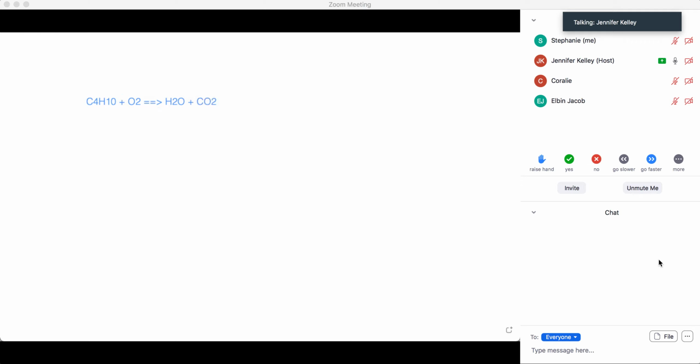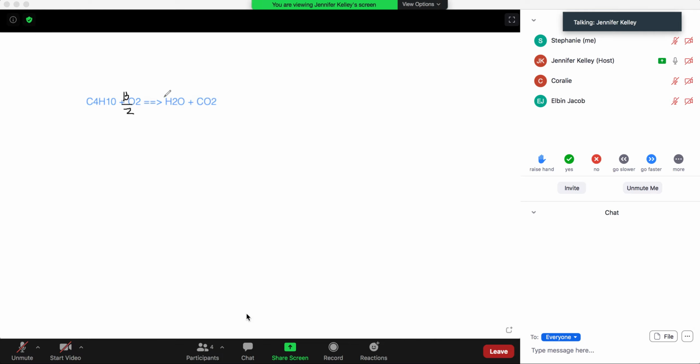Okay, and then we had 13/2 right here. What number did we have in front of water? Does anybody remember? We had a 5. I think it was 5. Okay. Yeah, and we had a 4 right here.